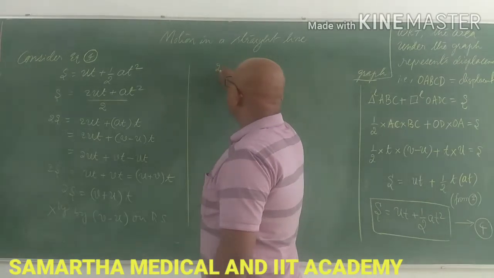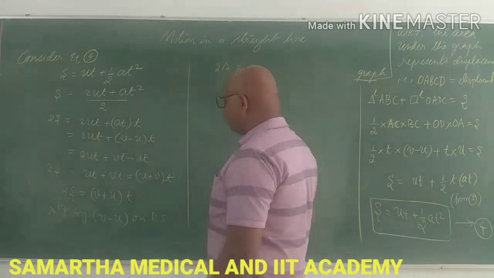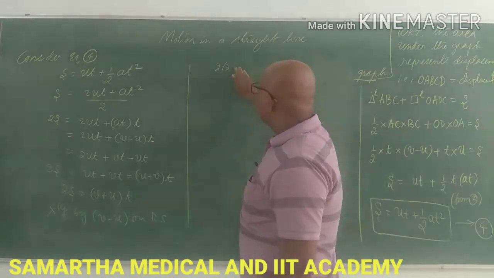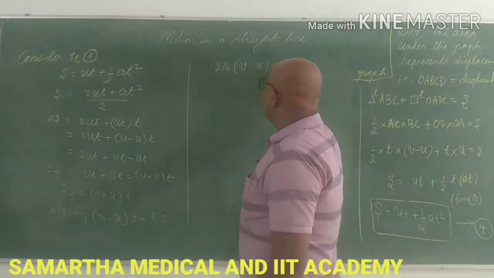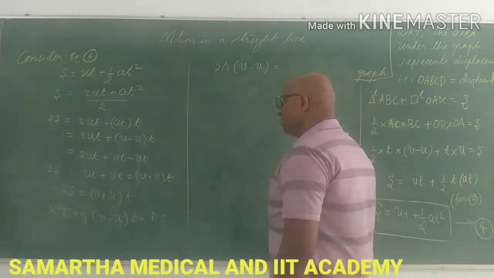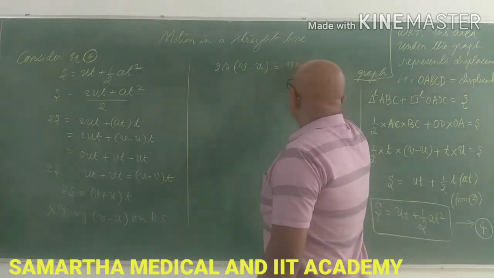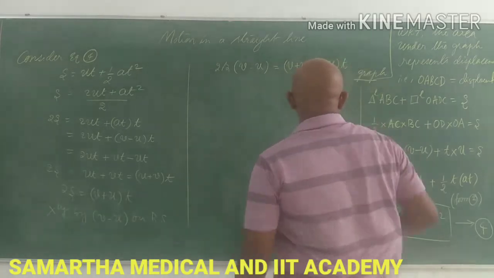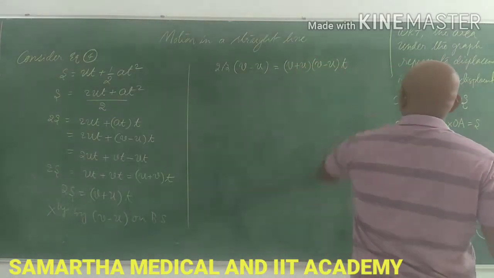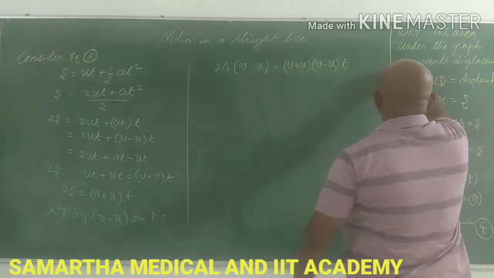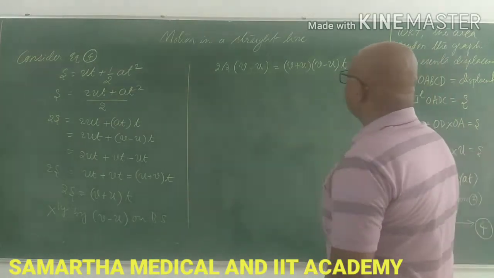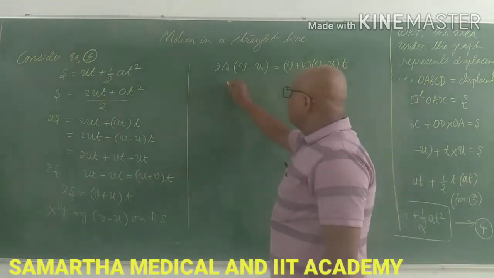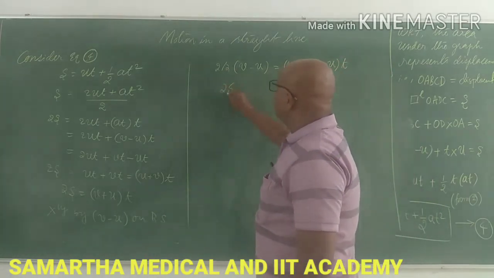2S into V minus U, right? Because we have multiplied it. 2S into V minus U is equal to V plus U into V minus U into T. Now 2S into what?